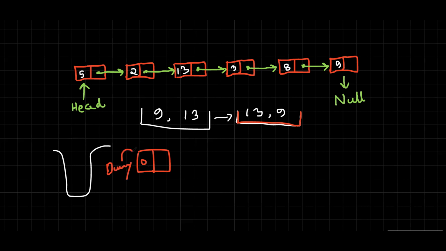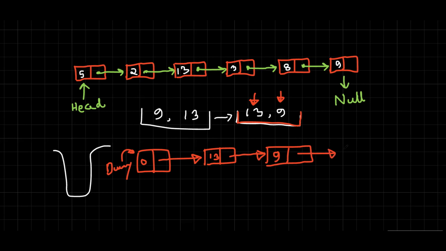Now, the first element is 13. So we will make a list node here with the element 13 and add the dummy node's next pointer to the 13. Now we have element 9. So we will make another node with the element 9 and add the 13 node's next to the element 9.